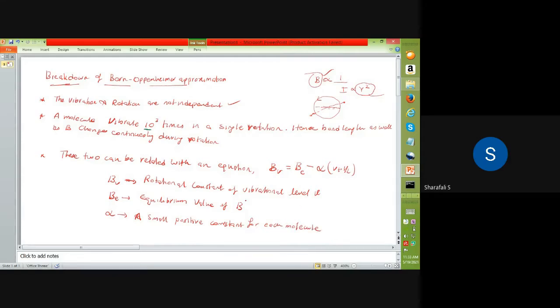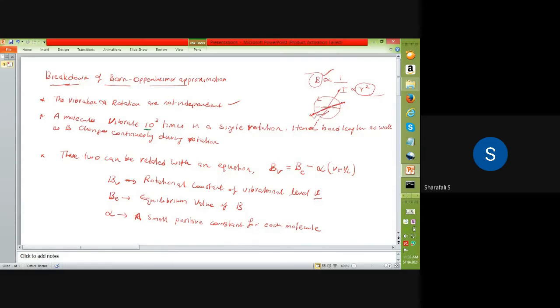So B_v is the rotational constant of vibrational level v, which means that if your molecule is at this position, and your molecule can have another position like this. In this case, we have the R value, that is the bond length.